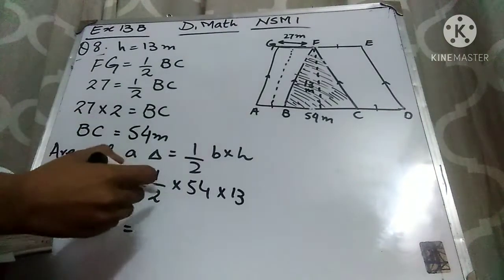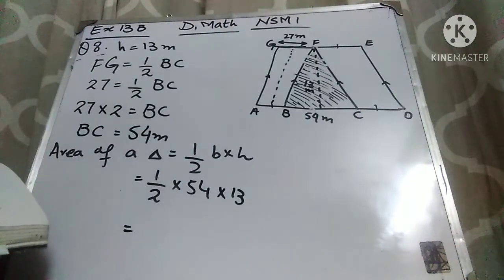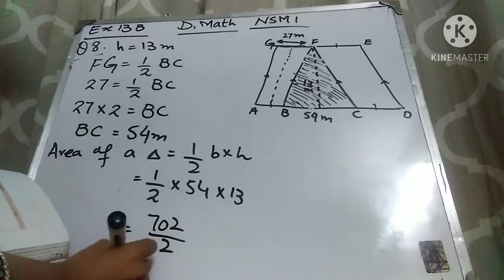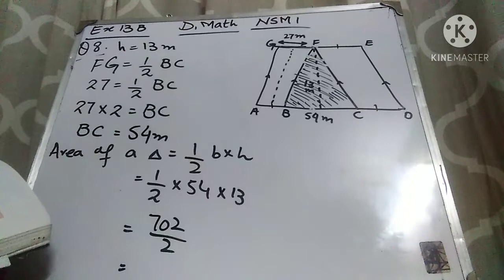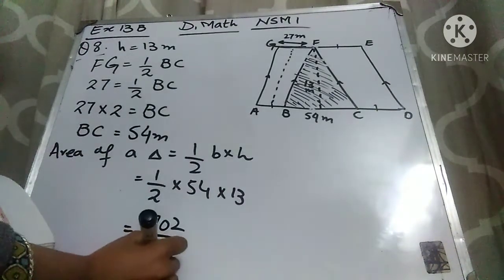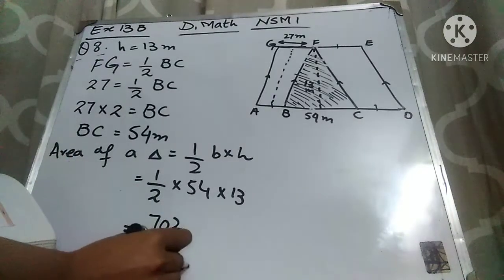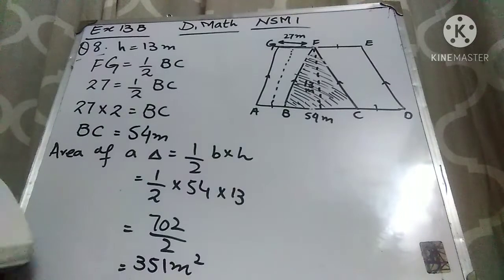When I multiply 54 and 13, I will get 702. And when I divide 702 by 2, I will get 351 meters square. So the area of a triangle is 351 meters square.